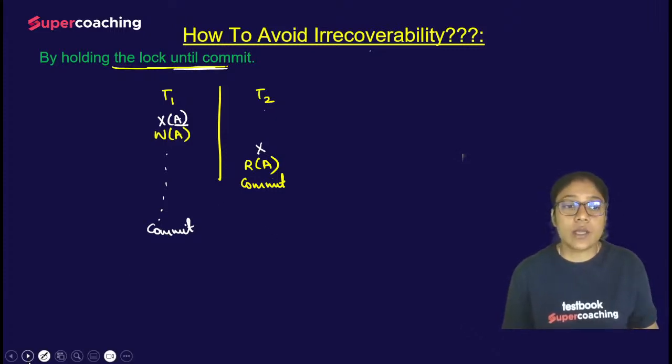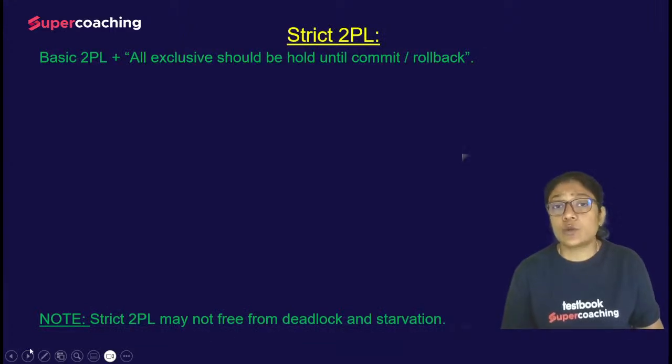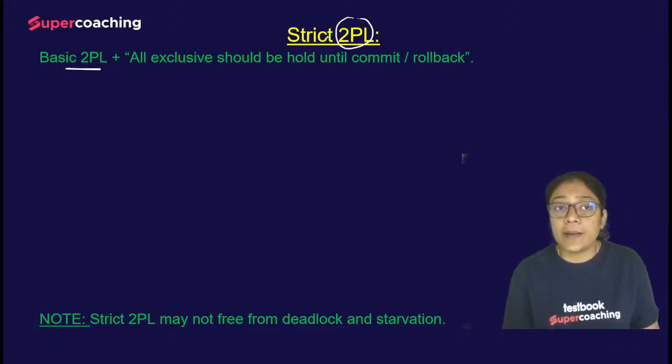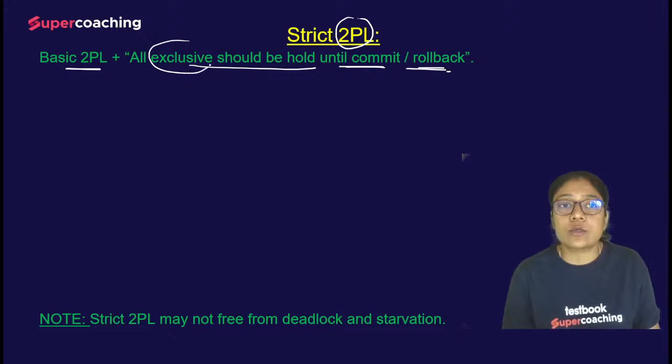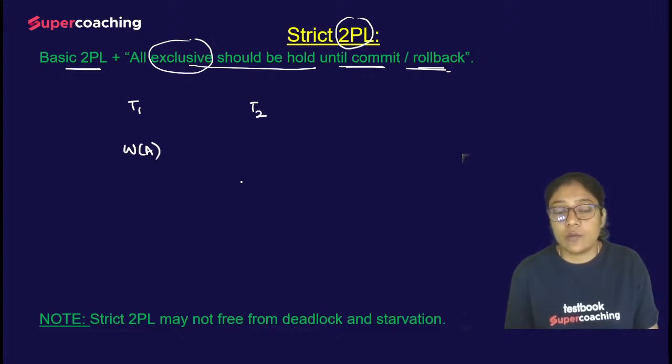Under this we have various cases like strict 2PL. Strict 2PL simply says that it is the basic 2PL plus all exclusive locks should be on hold until commit and rollback. The restriction is only on the exclusive lock. That means T1 and T2, write operation, read operation.